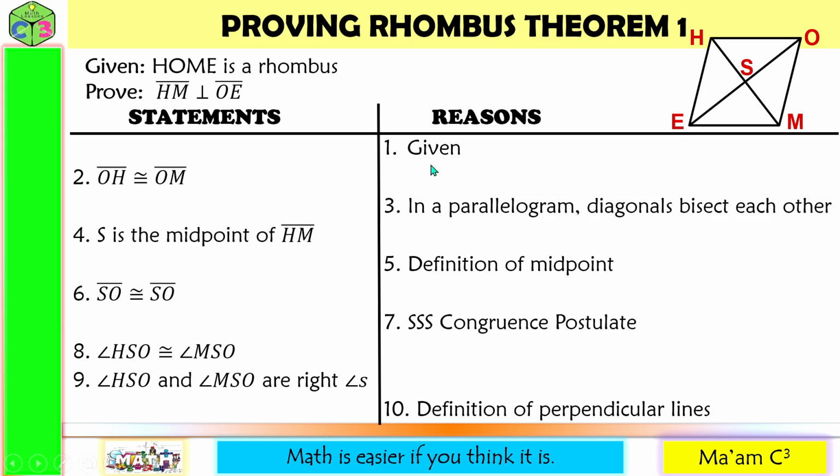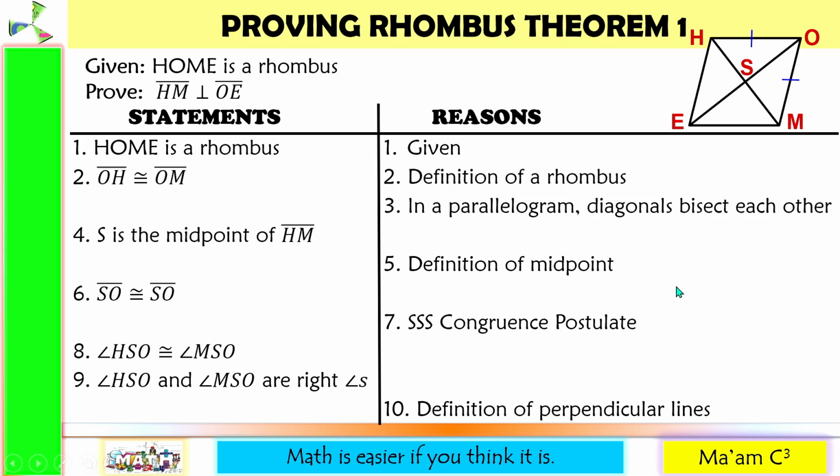The easiest, the given: HOME is a rhombus. Next one, OH is congruent with OM. So these two are congruent. And why is that? Because that is the definition of a rhombus. All sides are congruent. So these two sides here are definitely congruent.